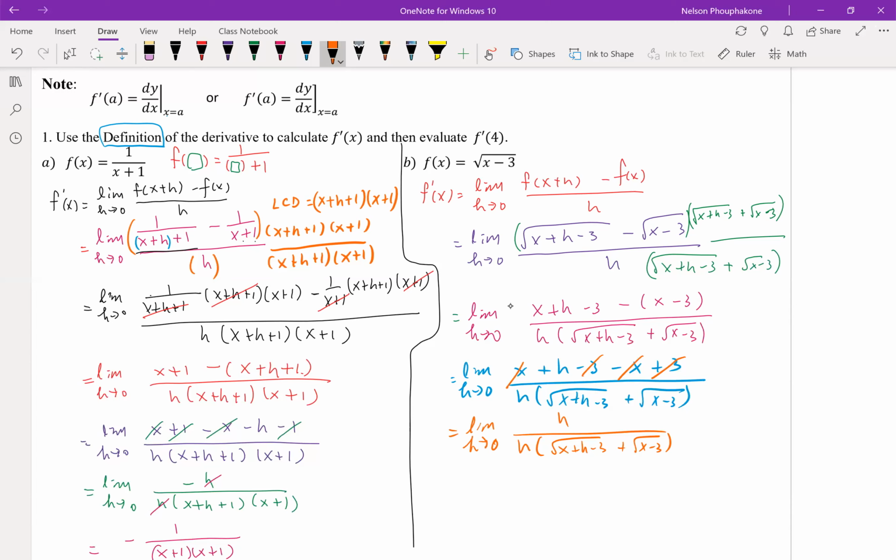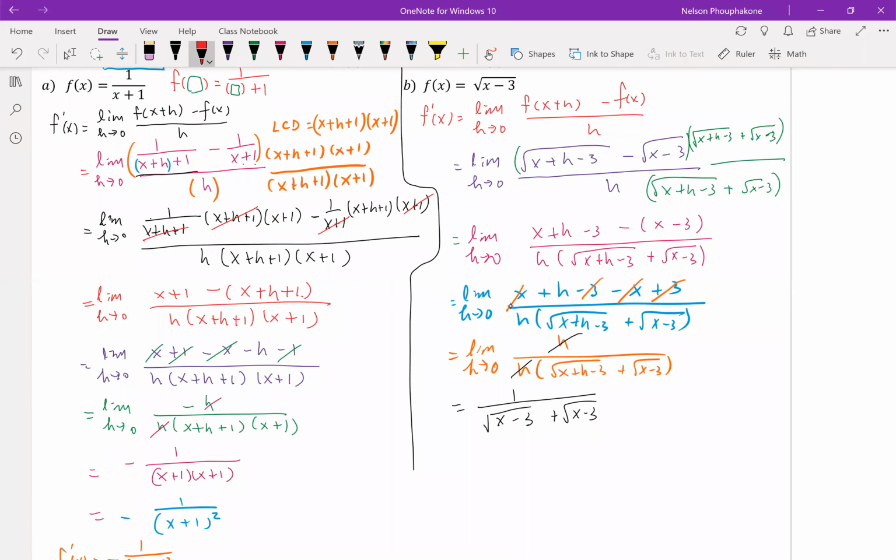And now h and h cancel, so I have 1 over, again substituting h equal to 0 here, 1 over 2 times the square root of x minus 3.